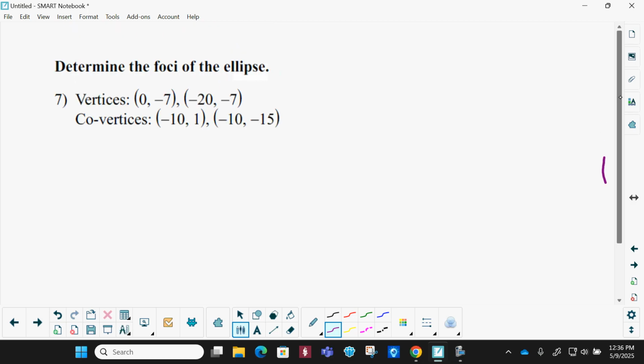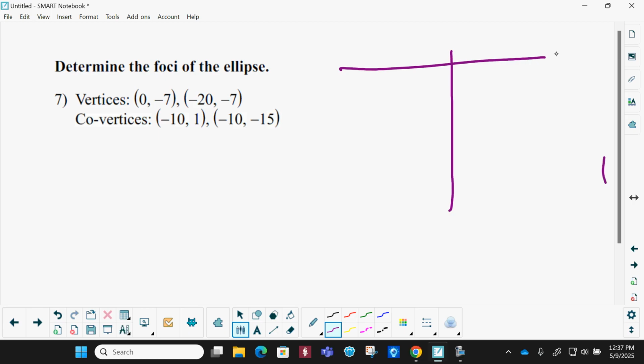Okay, find the foci for the ellipse. So, ooh, buddy, these are really big numbers. Okay, so what you're going to do is you're going to find your A value and your B value. Now, I'm trying to see where I need to draw my lines. Okay, so I need it like this.